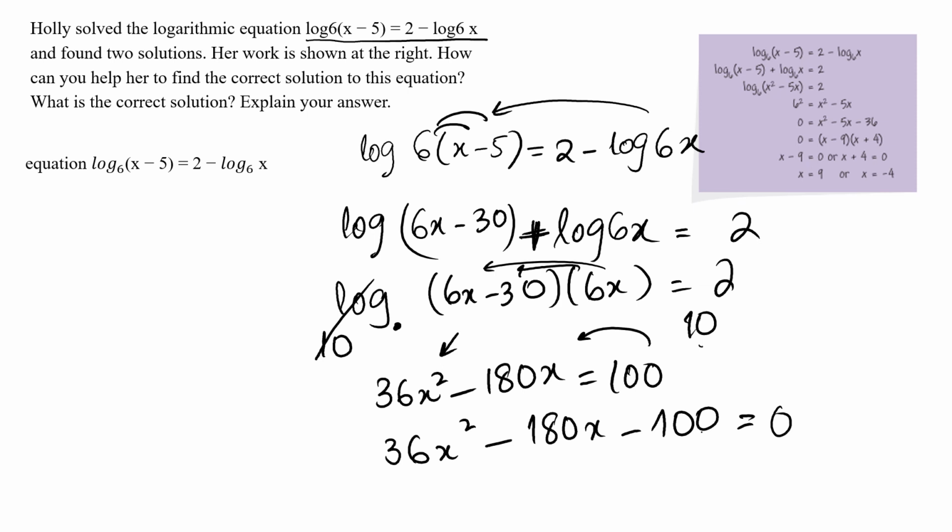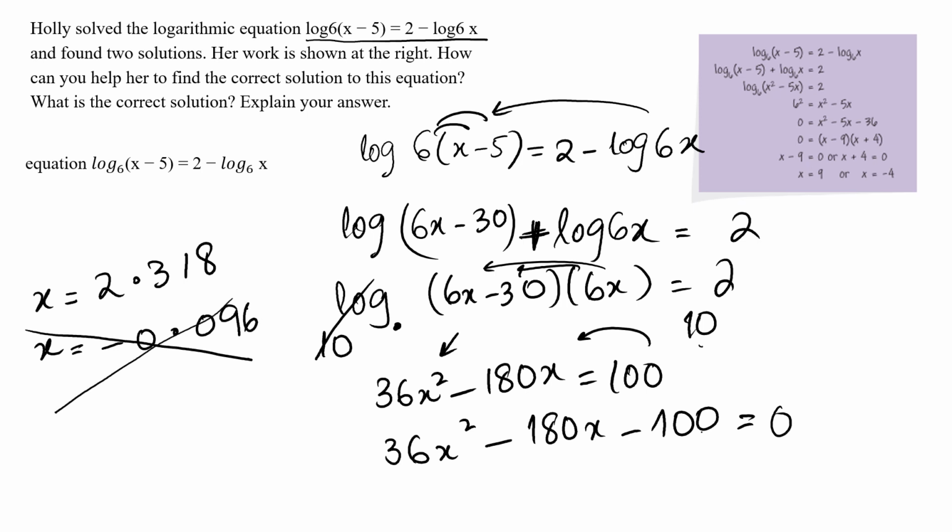The first answer is x equals 2.318 and the other answer is x equals negative 0.096. So log cannot be negative, so we will not take this answer, we will take only the first answer.